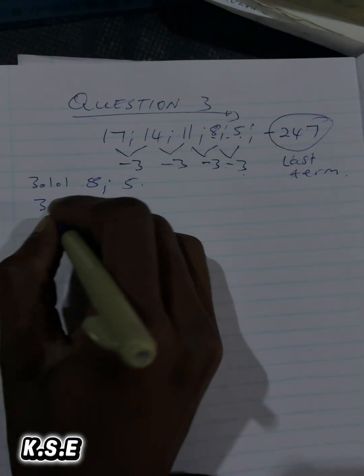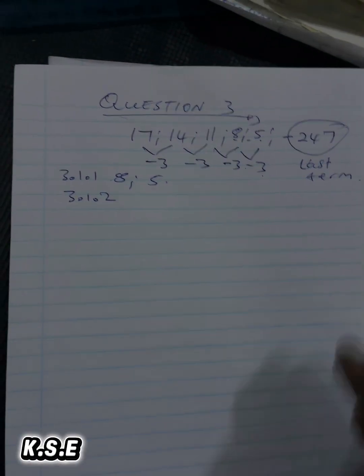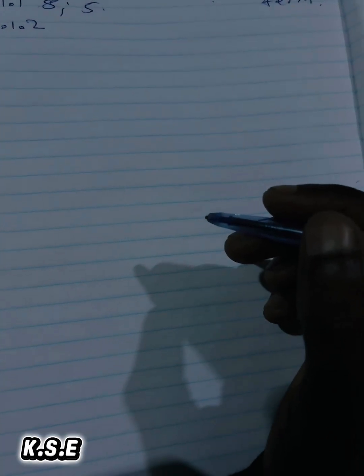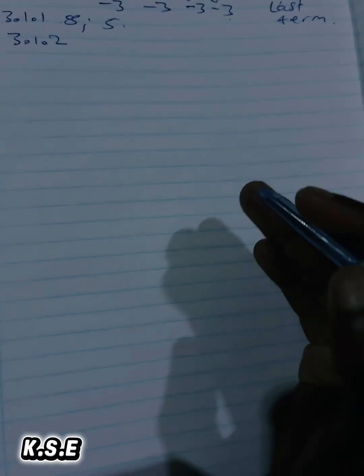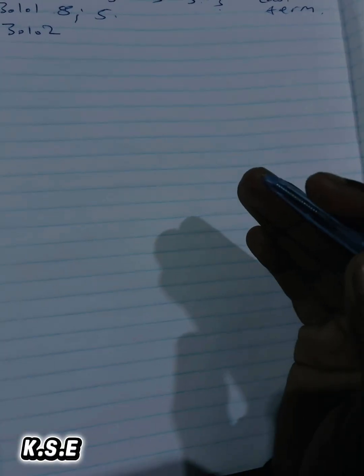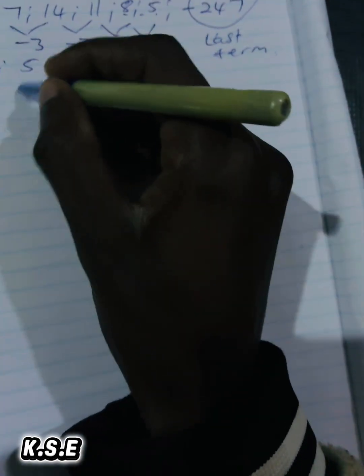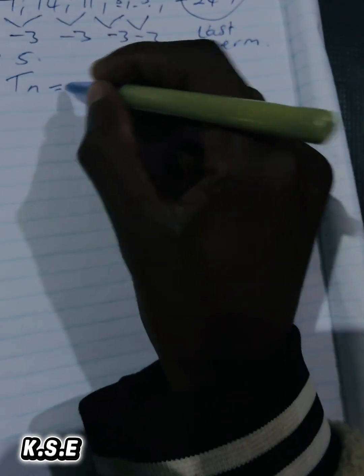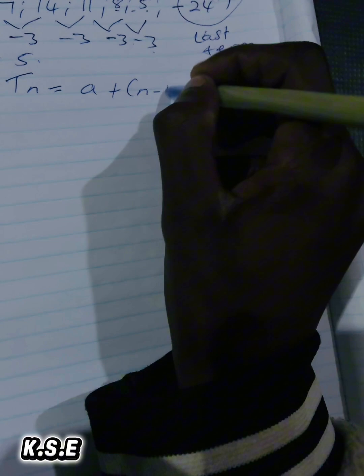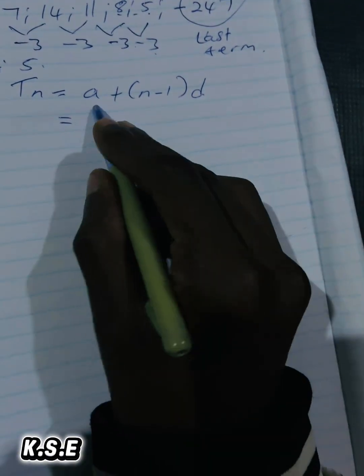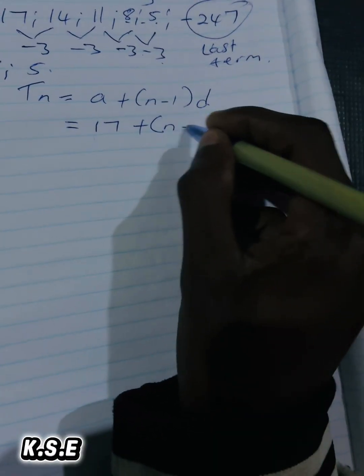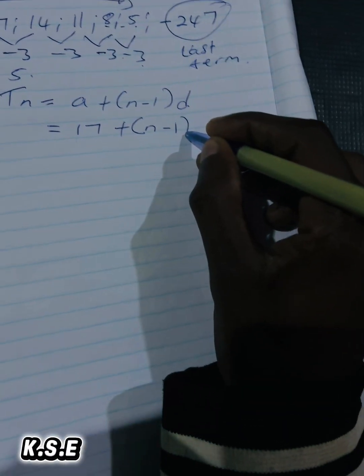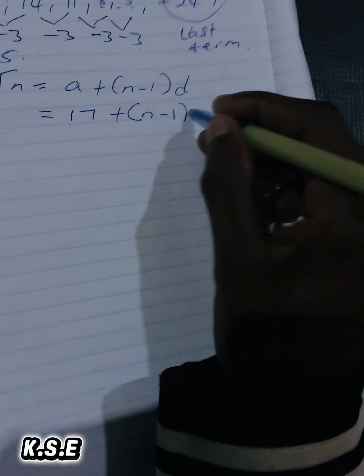The next question, 3.1.2, says determine the general term, Tn, of the number pattern. Since this is linear, we use Tn equals a plus n minus 1 times the difference. a stands for the first term, so a is 17, n minus 1, and the difference is negative 3.